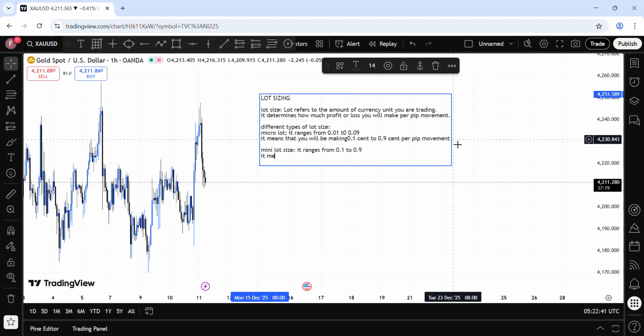It means that you'll be making $1 to $9 per pip movement.